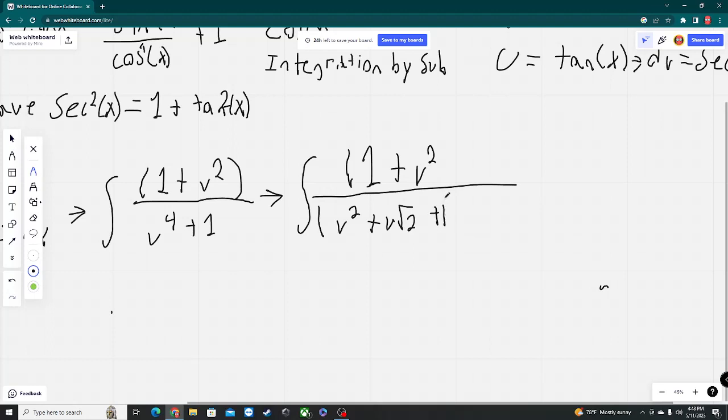That should be it. And we also need the conjugate: u squared, except at this time minus u square root 2 plus 1. And don't forget the du.